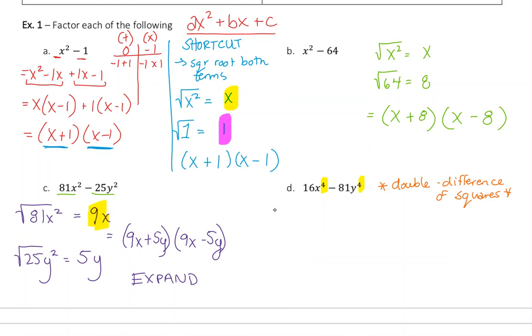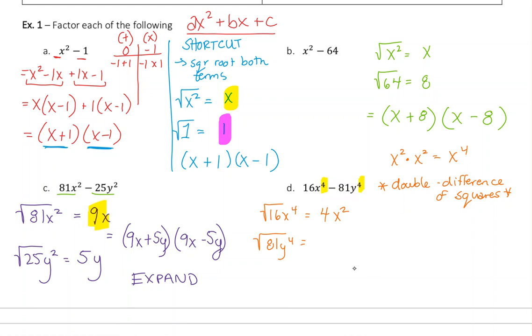So, same thing. Take the square root of those first two terms. So 16x to the 4 and the square root of 81y to the 4. Well, the square root of 16, that's 4. The square root of x to the power of 4 is x squared. And if you want to know why, well, x squared times x squared equals x to the power of 4 based on our exponent laws.